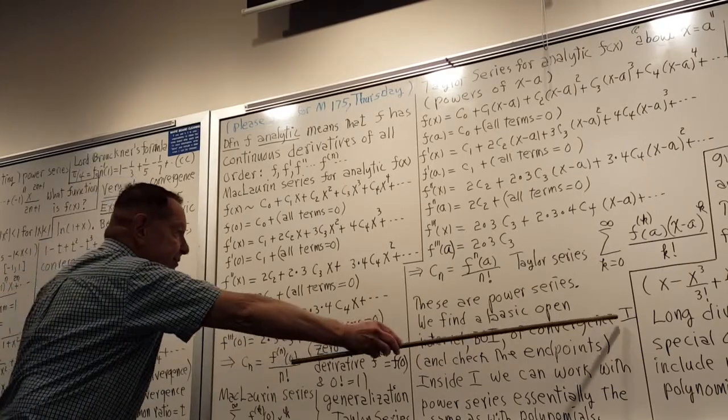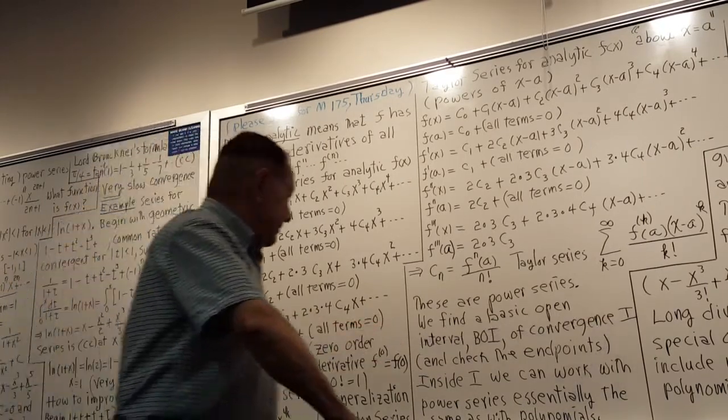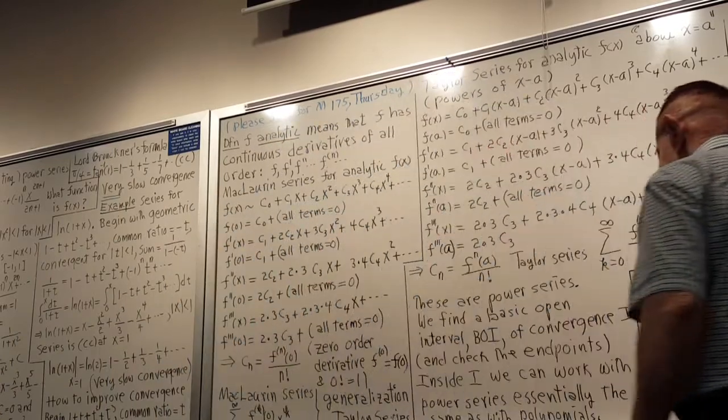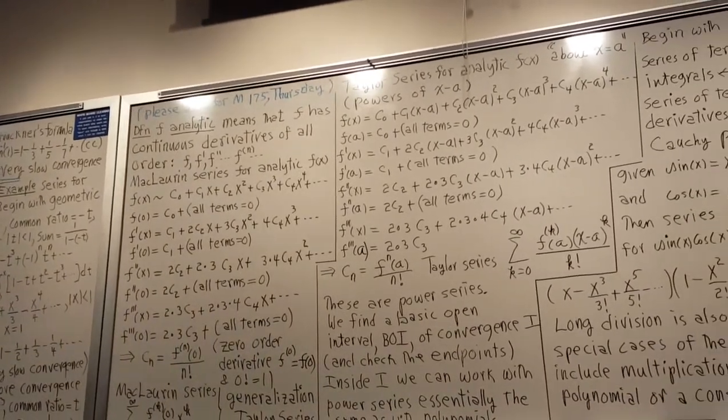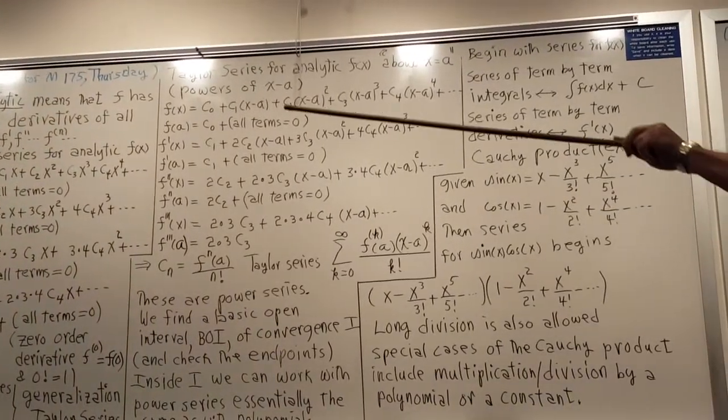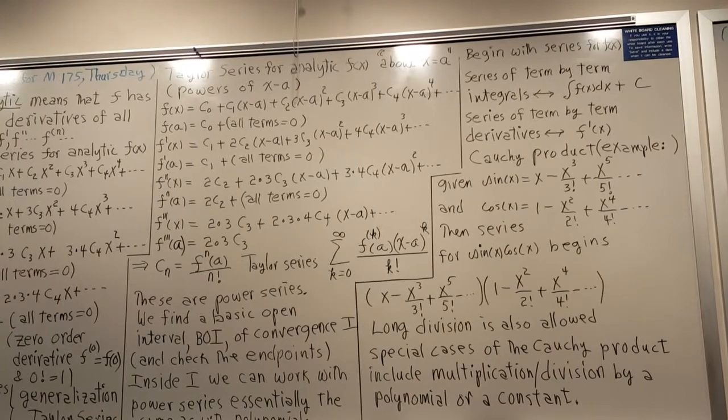If you call that interval capital letter I, then inside of I, we can work with power series essentially the same as with polynomials, and that's what's over there under the clock, all the things that you can do.